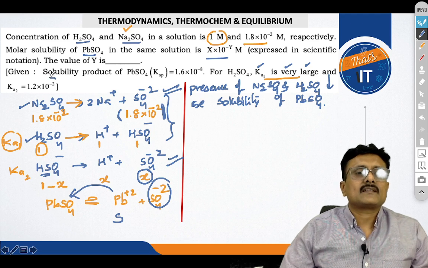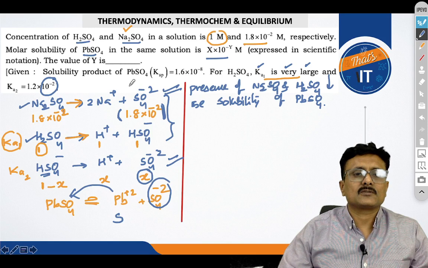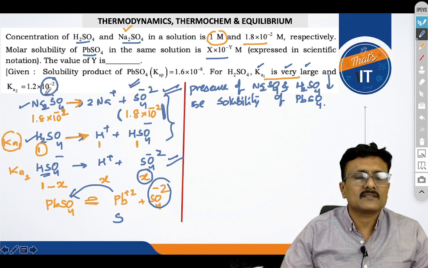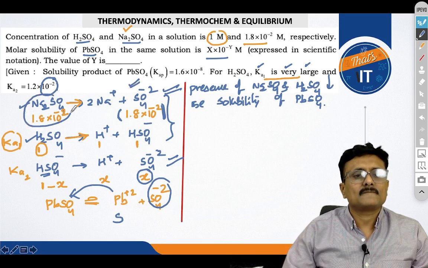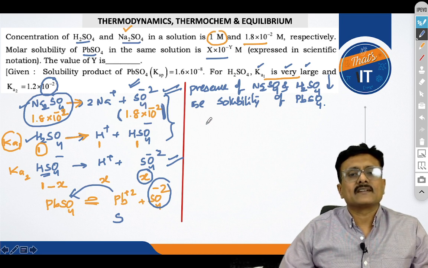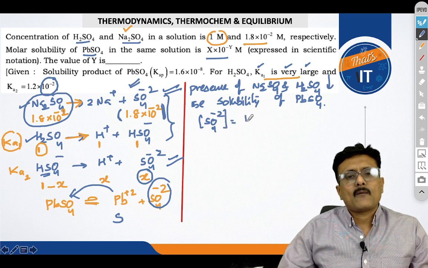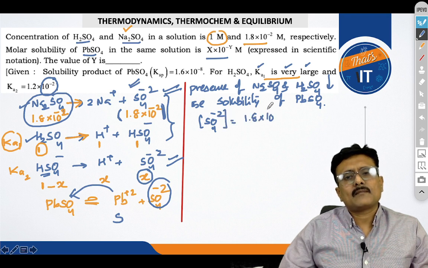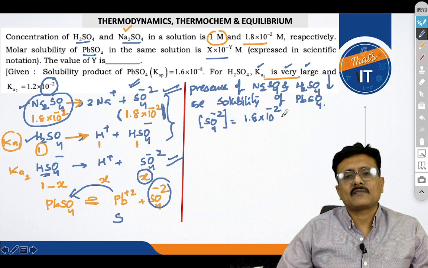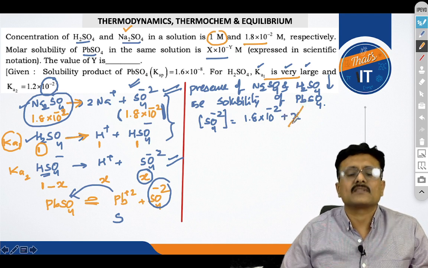You can see that the dissociation part is smaller in comparison to this value, because you know that this is stronger. So the concentration of the sulfate ion is 1.8 into 10 power minus 2 plus the sulfate ion obtained from HSO4 minus also, but I will ignore this.